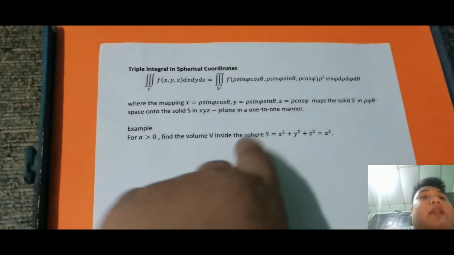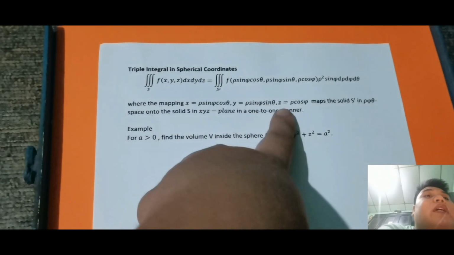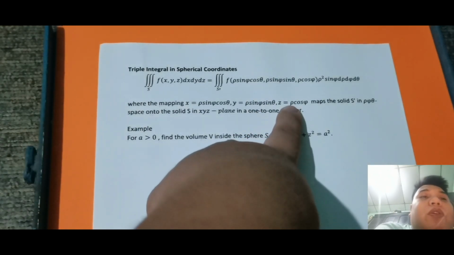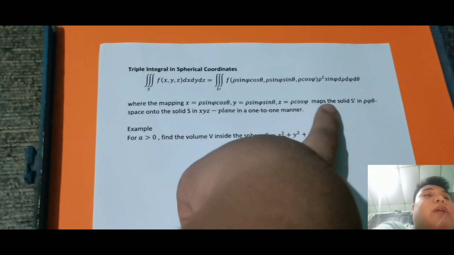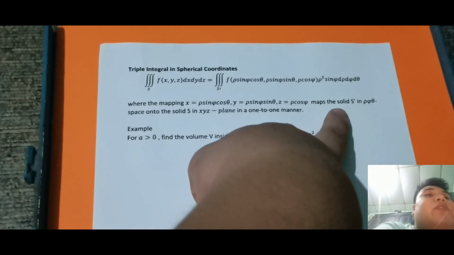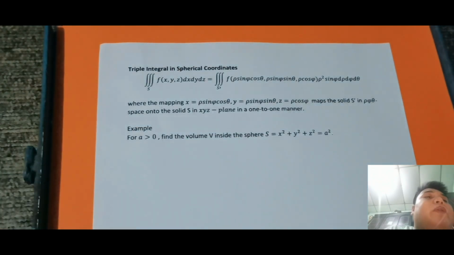Ayun, zenith angle. So, yung zenith angle, sin theta. Then, z is equal to rho cosine zenith angle. Maps the solid S prime in rho zenith theta space onto solid S in x, y, z space. Solid lang din naman siya.